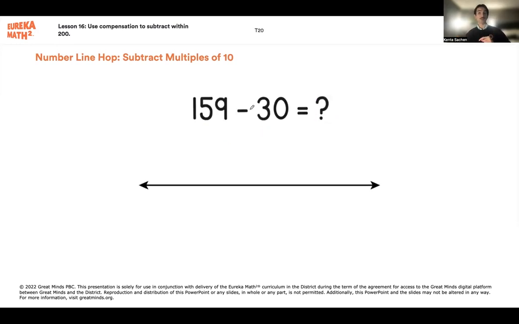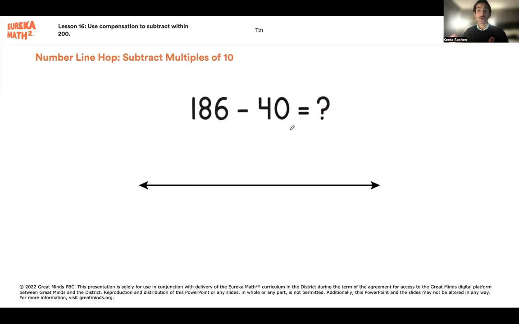Okay, now we're taking away 3 tens. 159 minus 30. So think 50, 40, 30, 20, right? So 159 minus 30 is, everyone? 129, right? 59 goes down to 29.